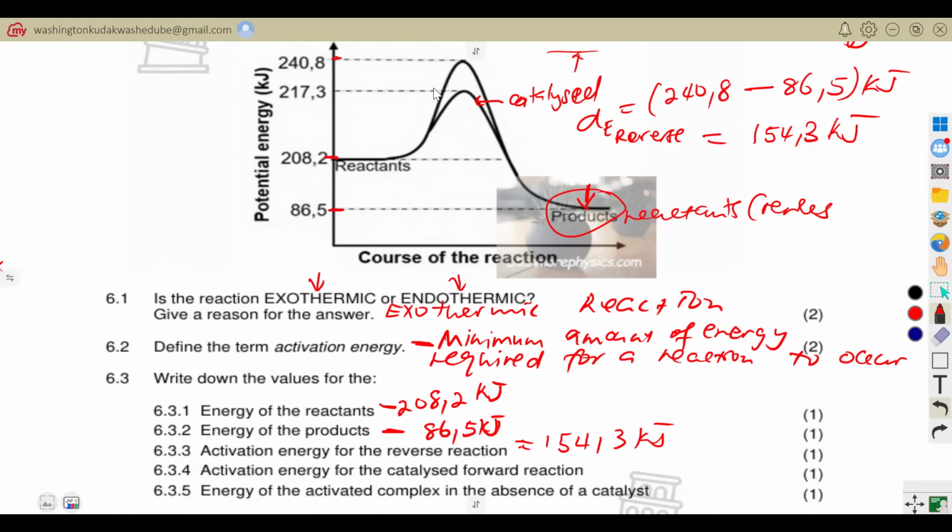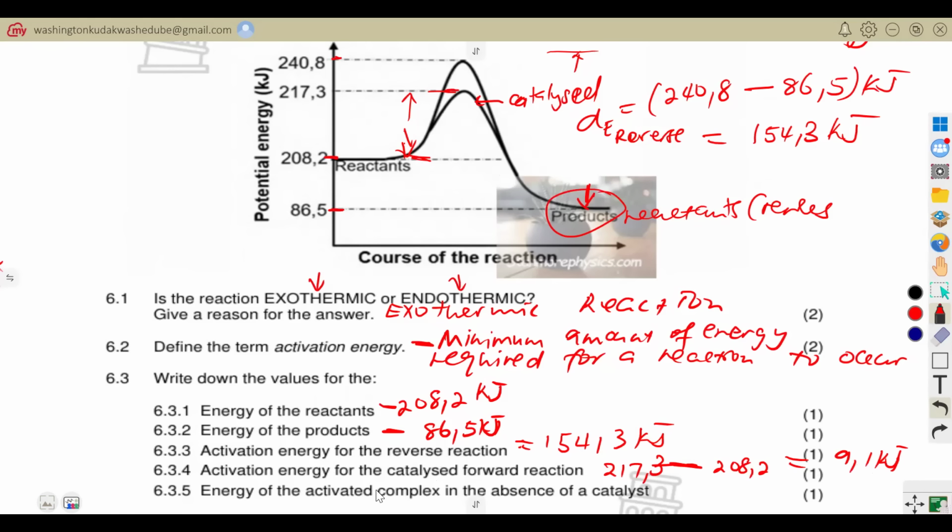The catalyzed forward reaction is this, the peak is there, the reactants are there. The difference between these two is 217.3 minus 208.2. That value is equal to 9.1 kilojoules. That is the activation energy for the catalyzed reaction.